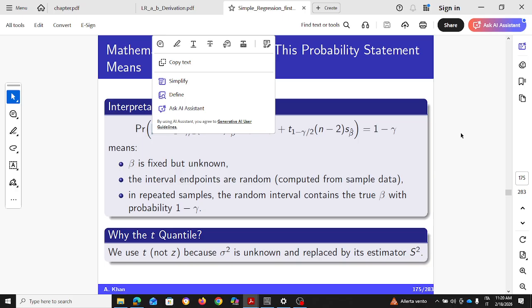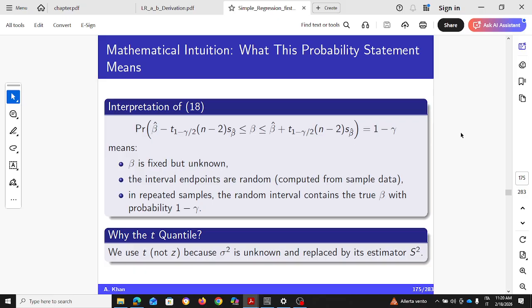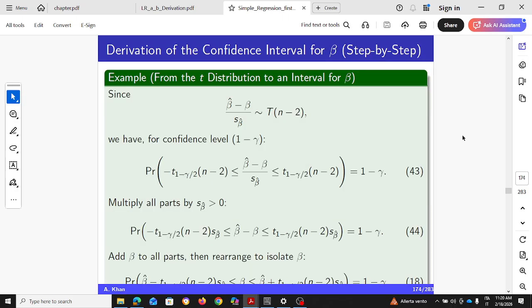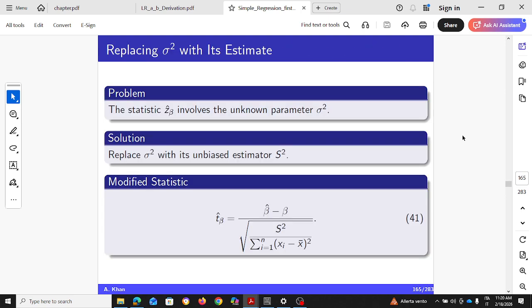Where is your confusion? Where is the missing part? Tell me. We have a formula for this. We derived it before.